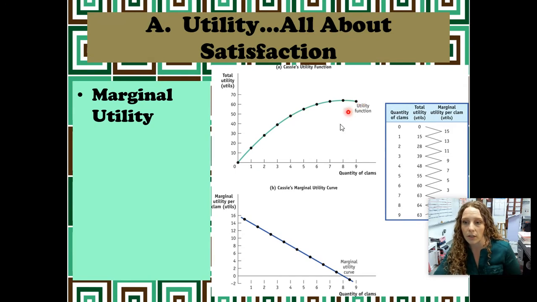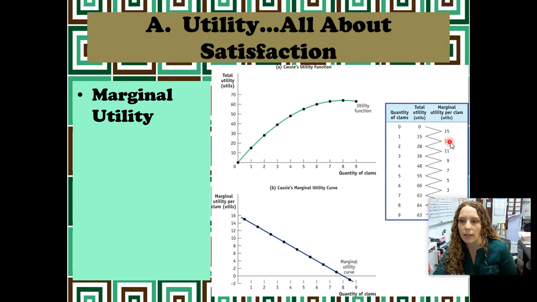Now, marginal utility, that is the change in the total utility. So that's what's being shown by these little pointy lines here, a jagged line, a chevron, whatever. As we go from 0 to 1, the total utility went from 0 to 15. Therefore, the marginal utility, or the additional utility that is gained as they consume 1 unit, is 15. When they go to the second unit, now we went from 15 to 28.